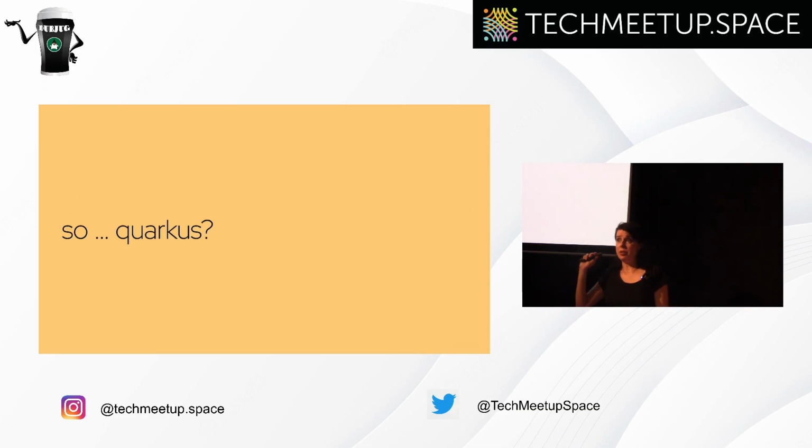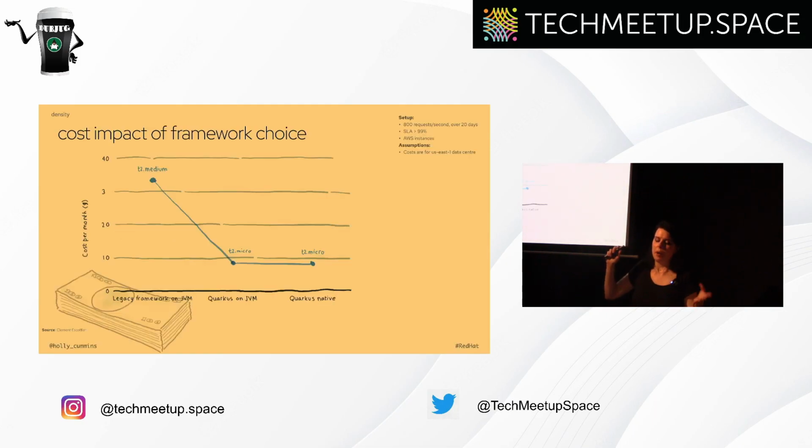So using these models, what did we see with Quarkus? About a year ago, a colleague did some experiments looking at how much Quarkus costs. He took some cloud instances and ran a workload for 20 days. He tried a traditional cloud native stack, Quarkus running as a natively compiled binary, and Quarkus running on the JVM, because you can run Quarkus either way.